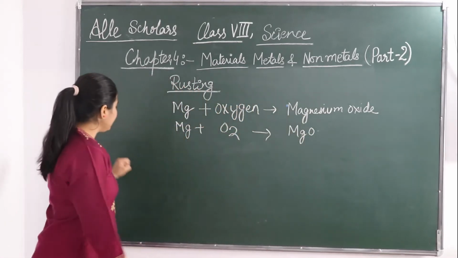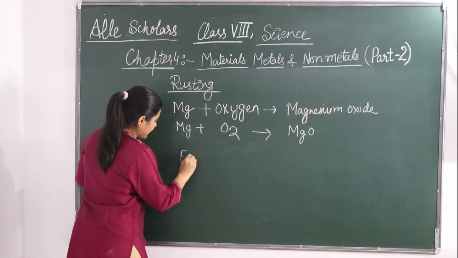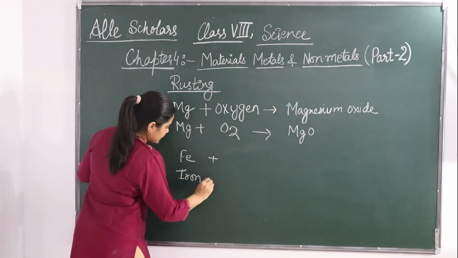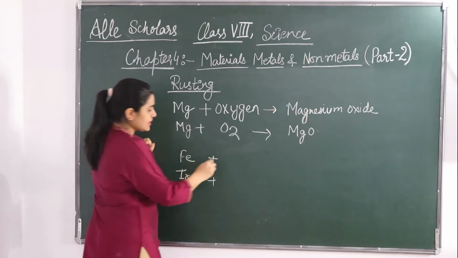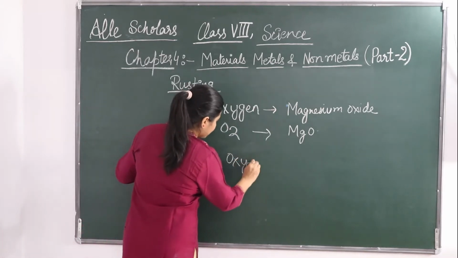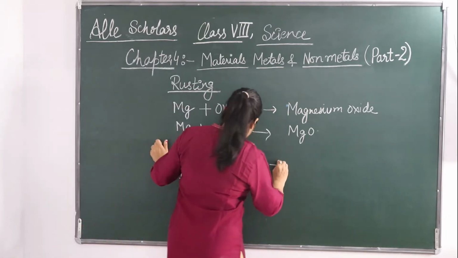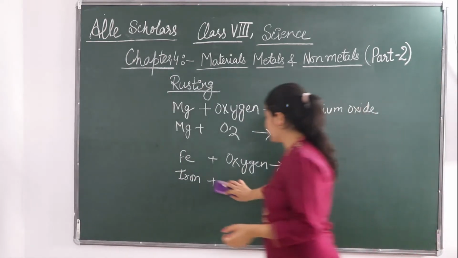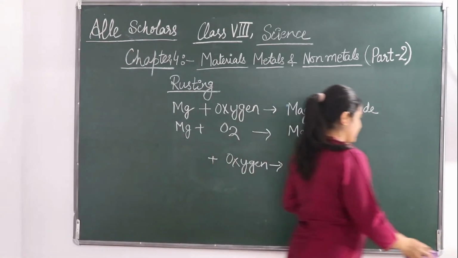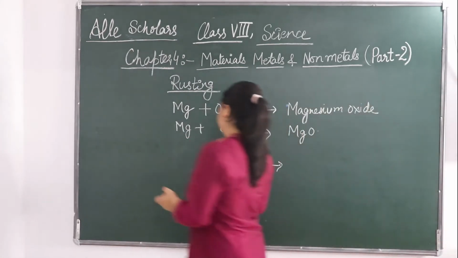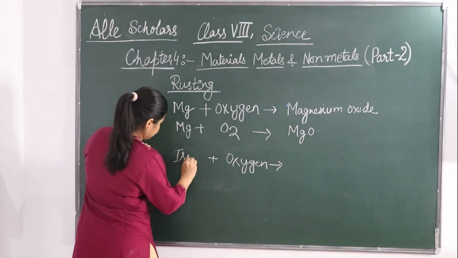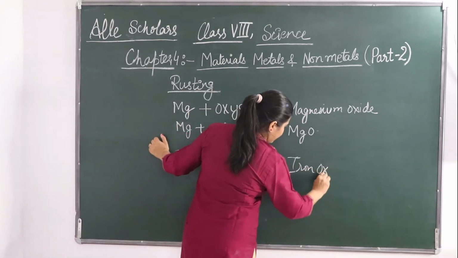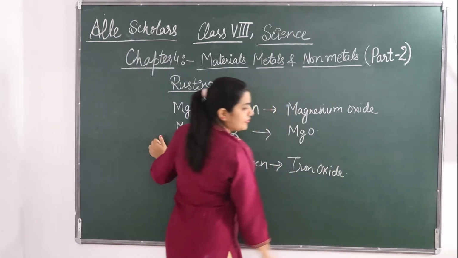Similarly, if you take iron, Fe, plus oxygen, it gives iron oxide. Iron plus oxygen gives iron oxide. Fine.